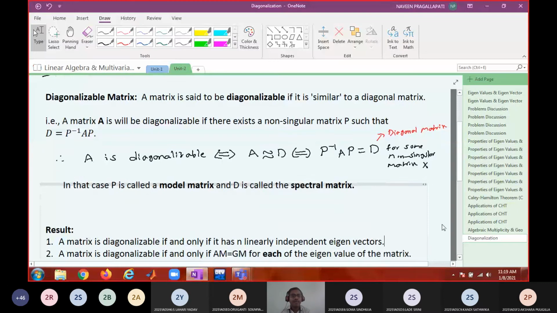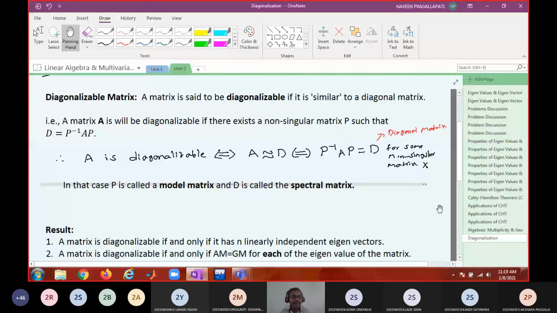So whenever you show that P inverse AP equals D, if you can find P such that P inverse AP equals D, then the non-singular matrix P is called the model matrix and the diagonal matrix D is called the spectral matrix.